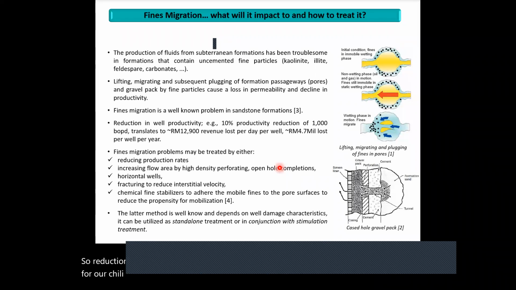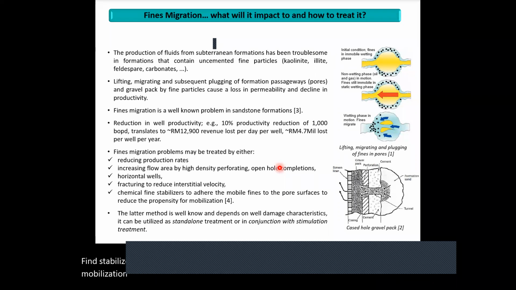Fines migration problems may be treated by reducing the production rate, increasing flow area by high density perforating, open hole completion, by having horizontal wells, fracturing to reduce the interstitial velocity, and also using chemical fines stabilizers to adhere the mobile fines to the pore surfaces to reduce the propensity for mobilization.